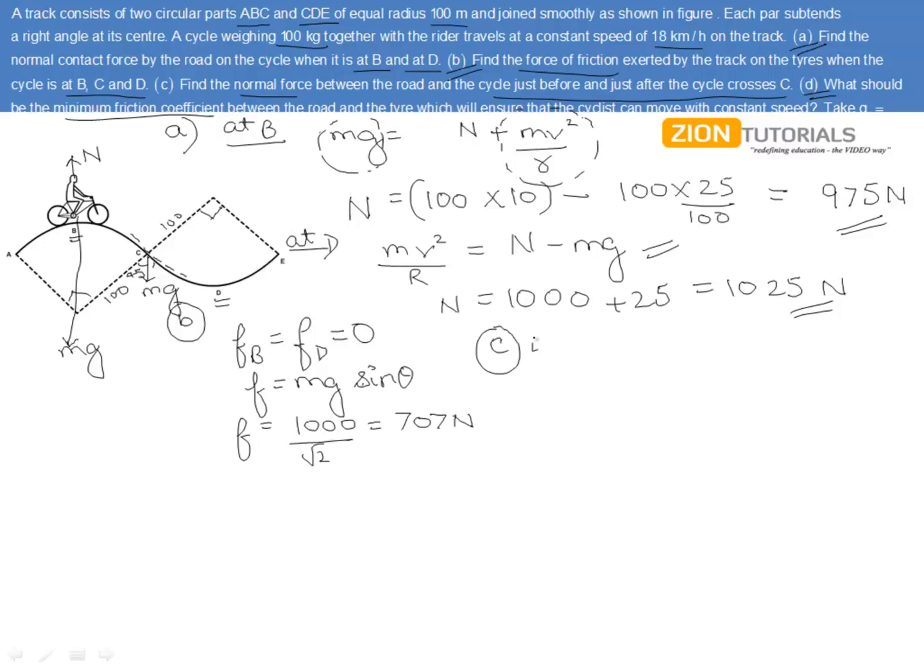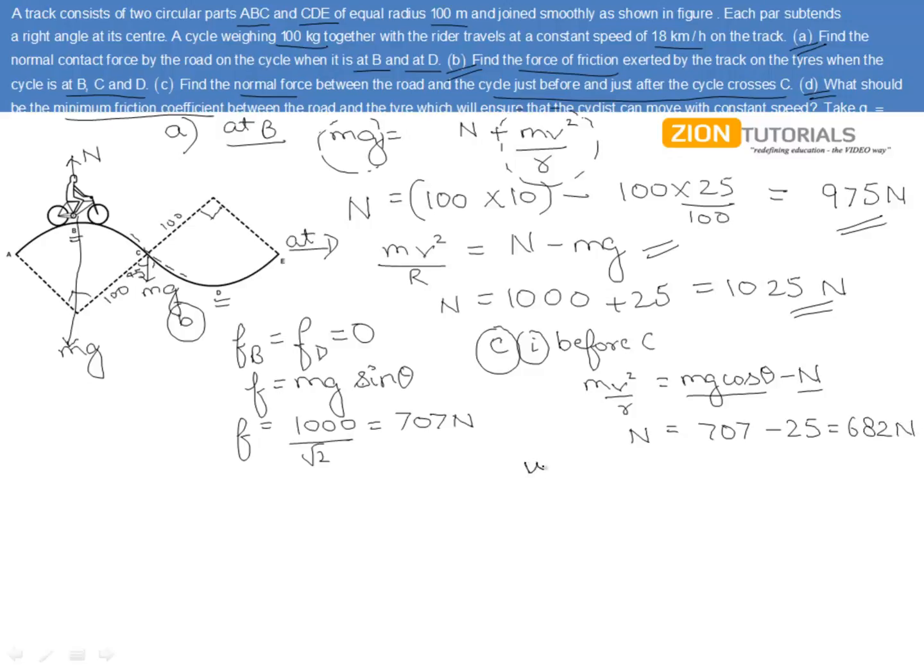Now for before C, I can say that mv square by r equals mg cos theta minus normal reaction, that is total force towards the center minus total outward force, giving us normal reaction equals 707 minus 25, that is 682 newtons.